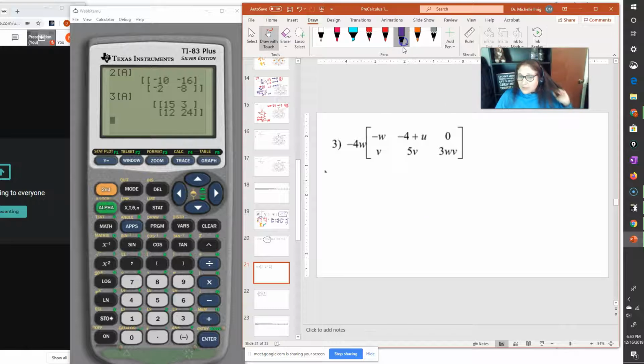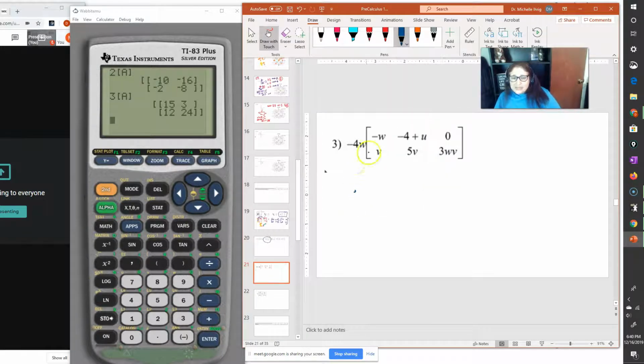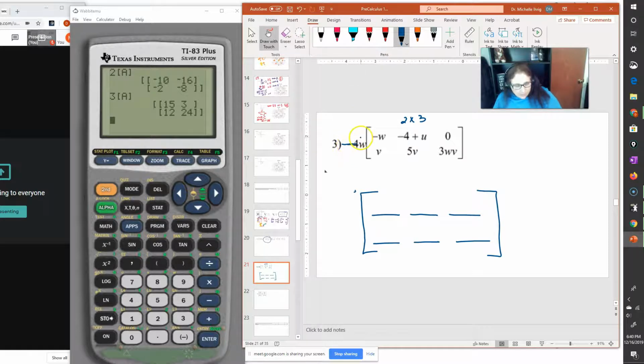So here's kind of like a DOK2 type question that we could do. It's the same idea. Here we have a 2 by 3 matrix. So I know my answer is going to be 2 by 3. So I'm going to just set it up so I know where to put everything. Now my first thing is, oops, I've got this -4W, and I'm going to distribute here.